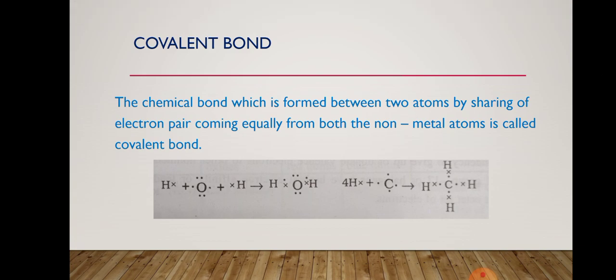Next, I am going to discuss covalent bond. The chemical bond which is formed between two atoms by sharing of electron pair coming equally from both the non-metal atoms is called covalent bond.